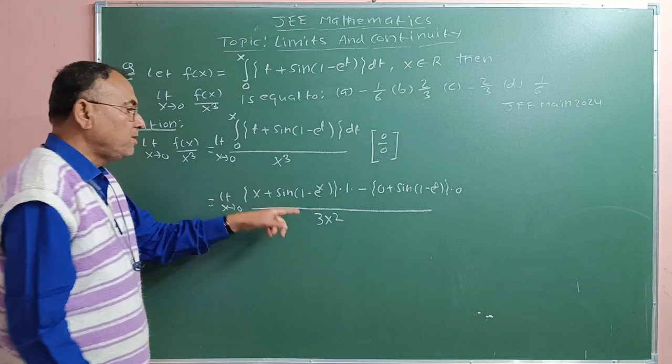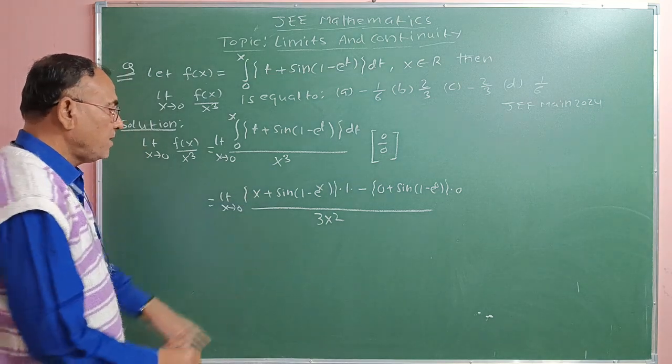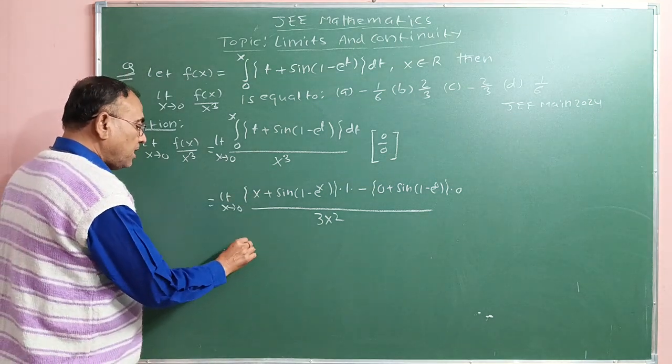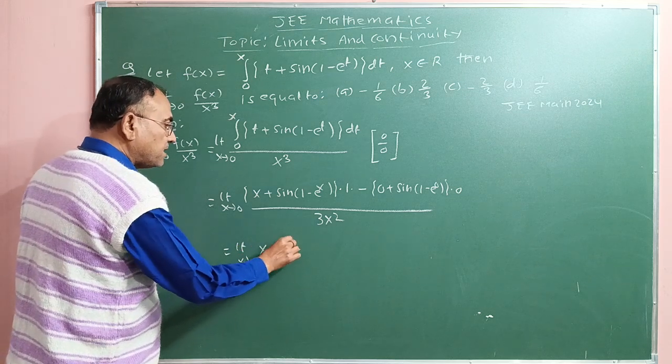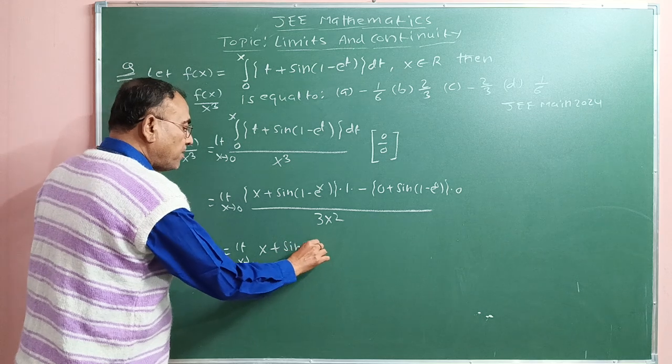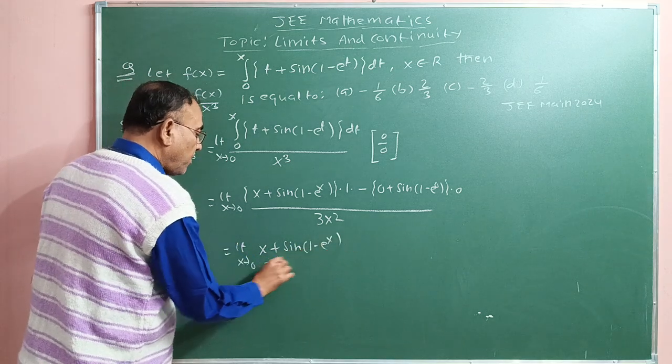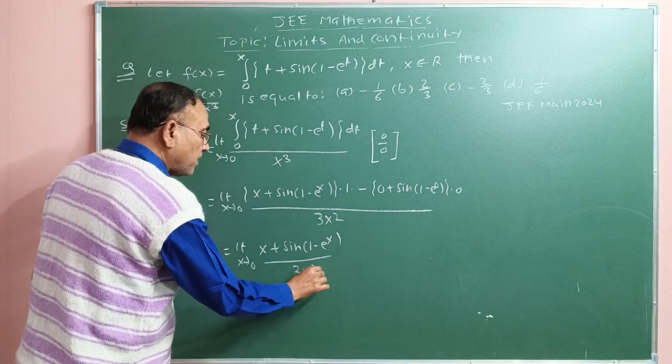Derivative of x cube is 3x square. This is equal to limit x tends to 0 of x plus sin(1 minus e^x) upon 3x square.